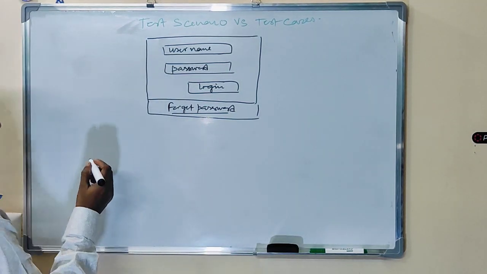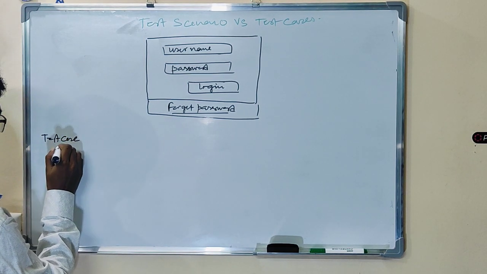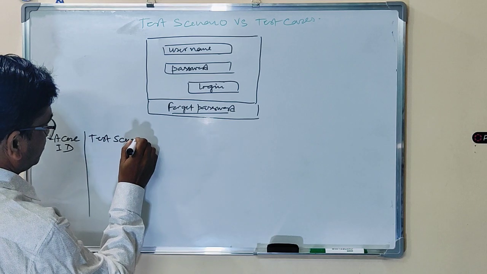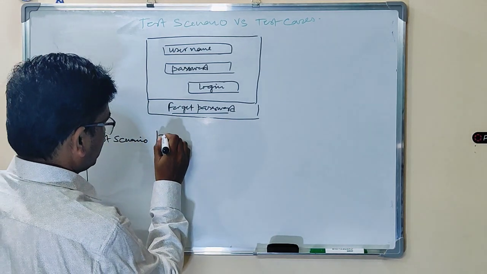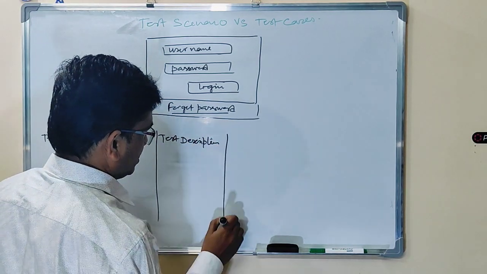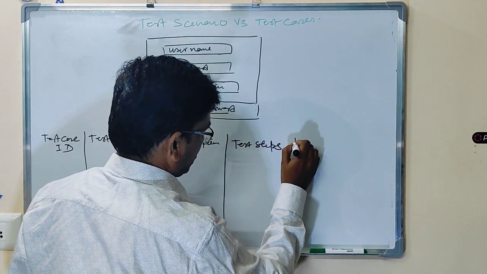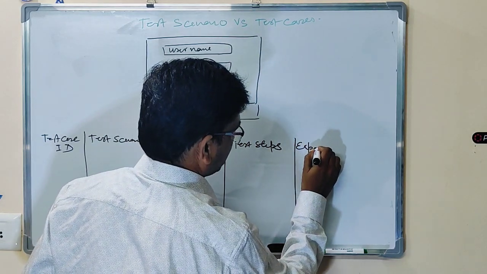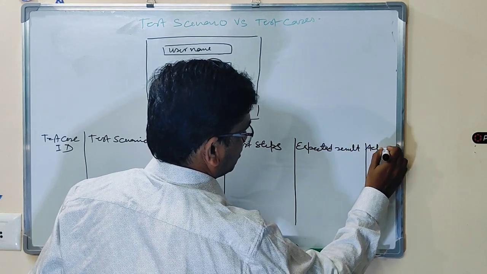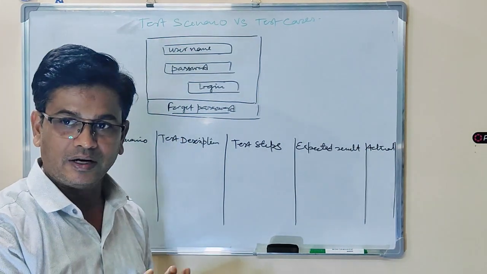So definitely a test case has some particular format. So a test case contains test case ID, test scenario, test description, test steps, expected result, actual result, and more columns can be result, comment, attachment, like that.